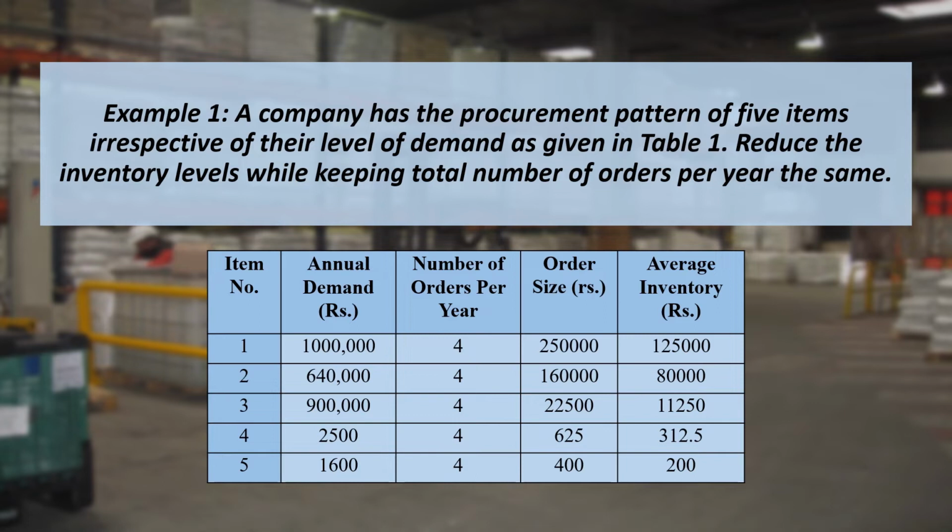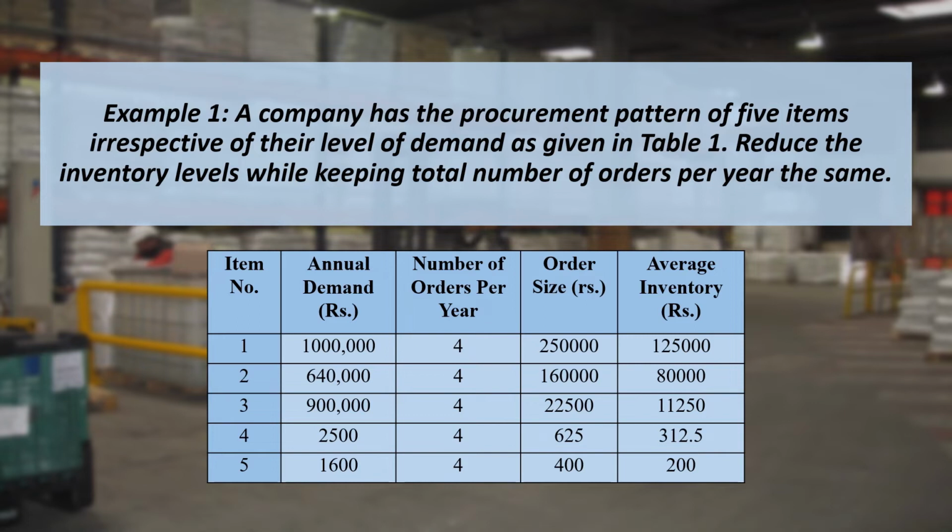The number of orders for item 1 is 4, and for item 2 is 4. It means for all items the number of orders has been fixed. Now the size of order, the order quantity, is varying: for item 1 it is 2,50,000, and for item 2 it is 1,60,000. Because all items are different, the order size may vary as per requirement.